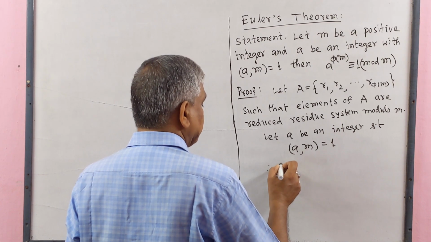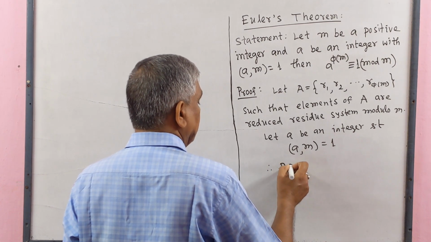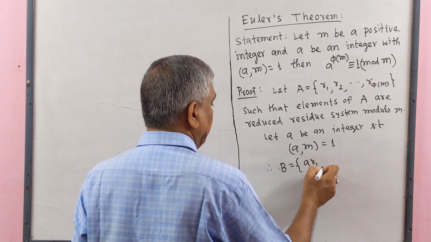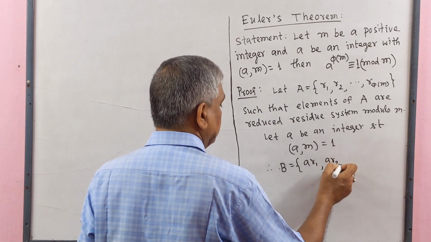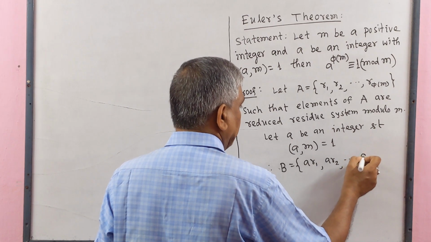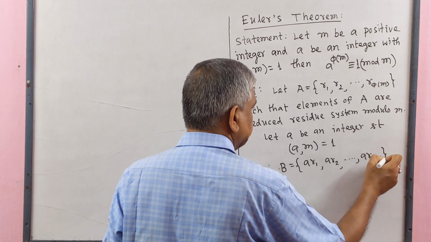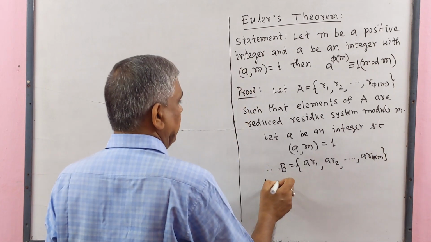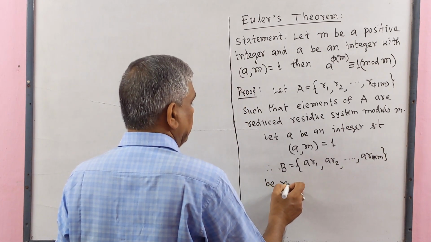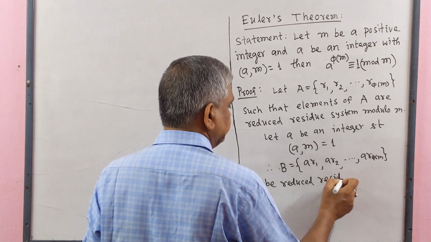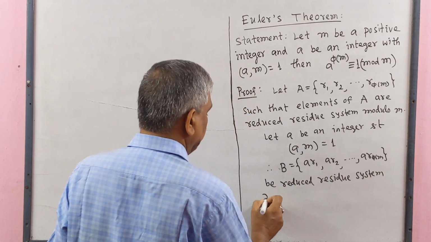Therefore, the set B containing elements a r1, a r2, ... a r phi m is a reduced residue system modulo m.